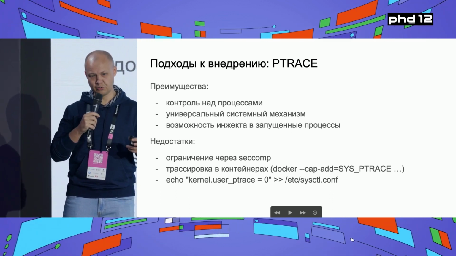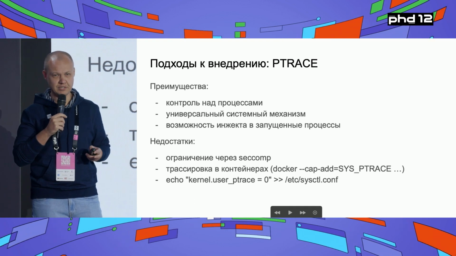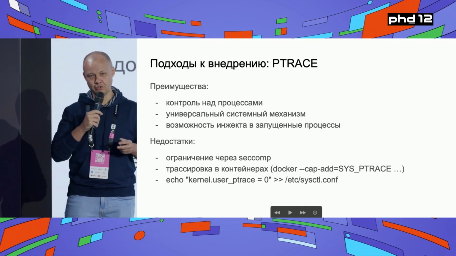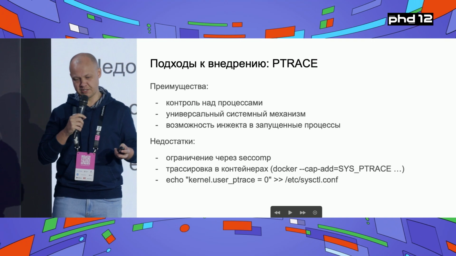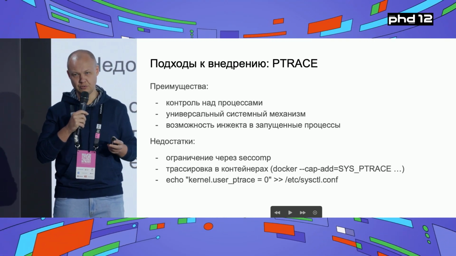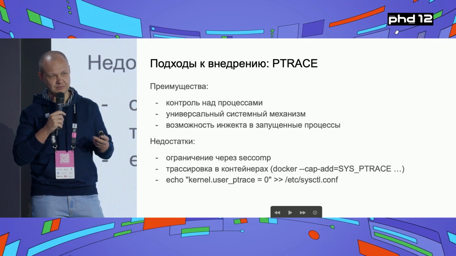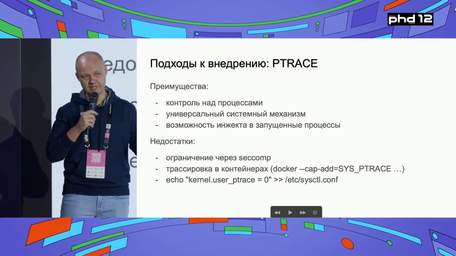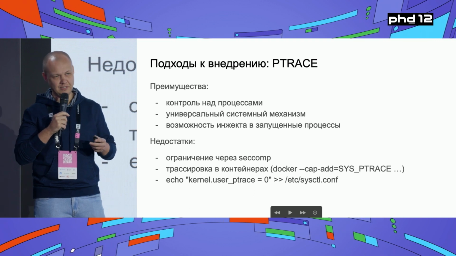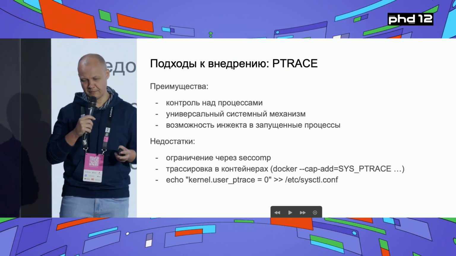So ptrace has got some big advantages, like process control. It's versatile. However, it does require access rights. So by default, ptrace can be used to, so to speak, manage its progeny.